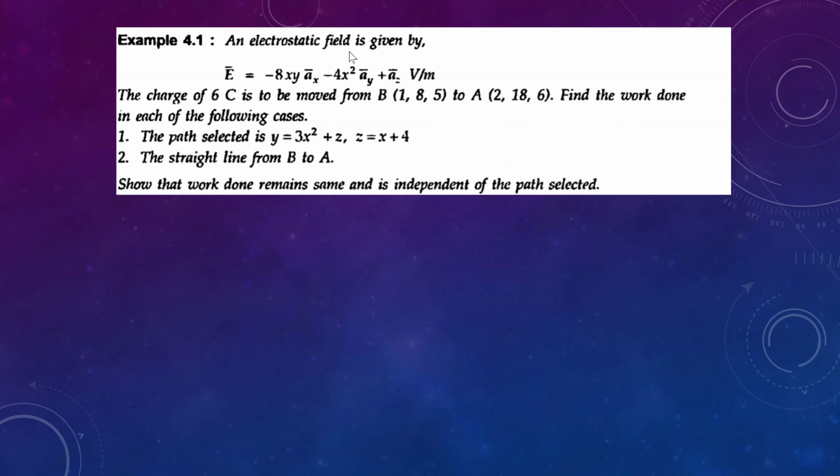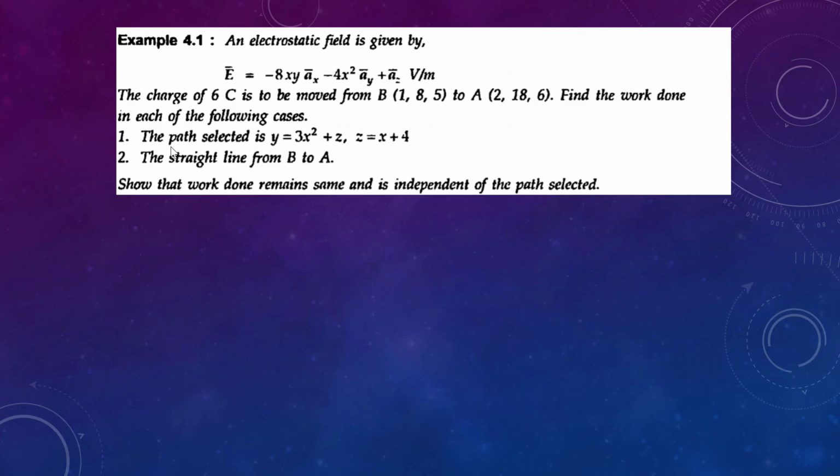An electrostatic field is given by E bar is equal to minus 8xy ax cap minus 4x square ay cap plus az cap volts per meter. A charge of 6 coulombs is to be moved from point B 185 to point A 2186. Find the work done in each of the following cases.